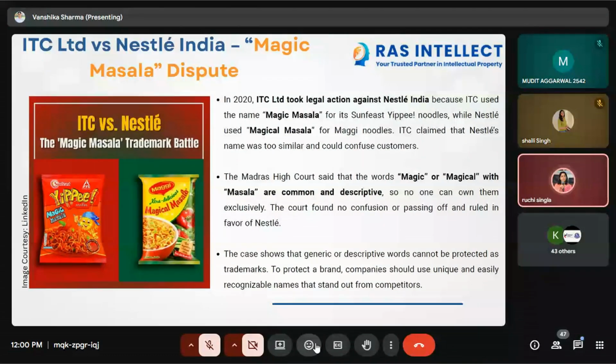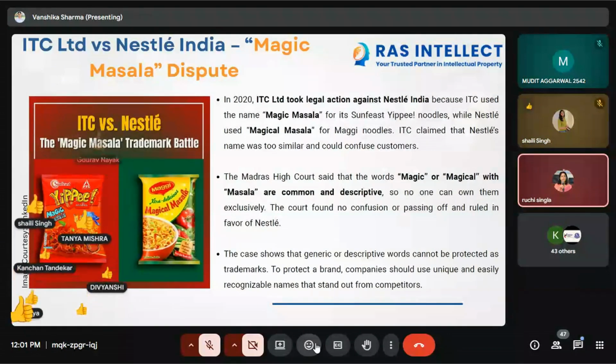The court favored Nestle in this, stating that Magical Masala and Magic Masala are two different names, and even Magical Masala can be used for advertising a separate product which is not a part of ITC. So the decision was passed in favor of Nestle, that is in favor of Maggi, for Magical Masala. Is it clear?